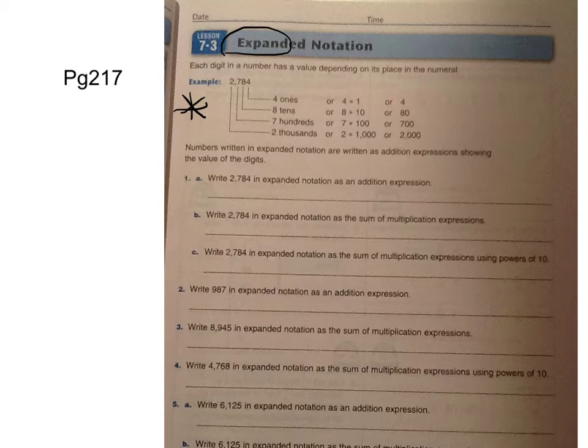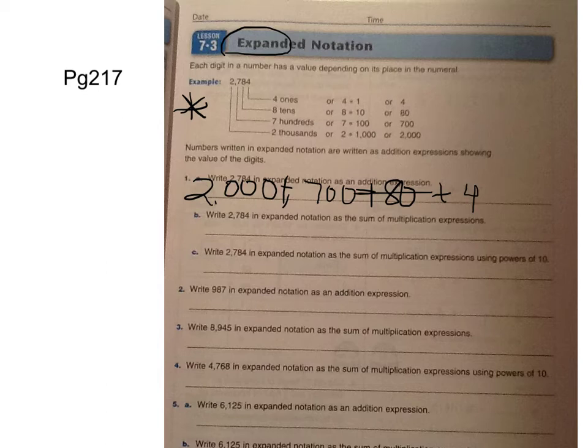So writing this into expanded notation as an addition expression would look like 2,000, oops, and that should be a plus sign, not a comma, plus 700 plus 80 plus 4.